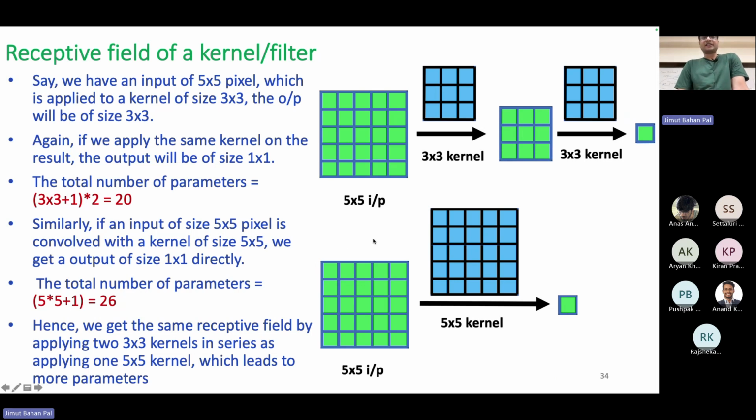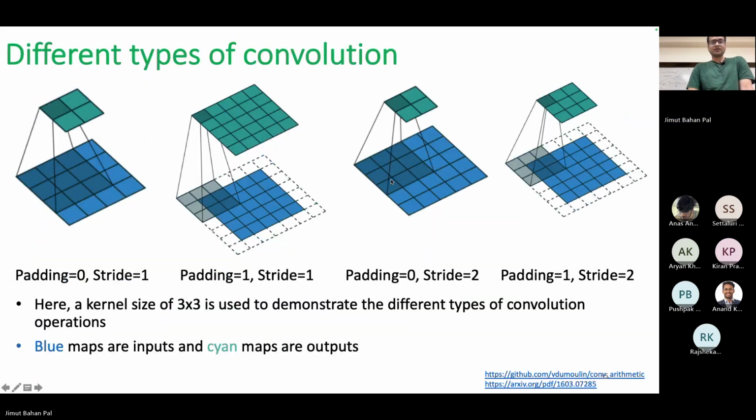So we are getting the same receptive field by applying two 3 cross 3 kernels as by applying one 5 cross 5 kernel. The parameters for the first case are 20, but when we use kernels of larger size, the parameter count also increases. But the receptive field is the same.